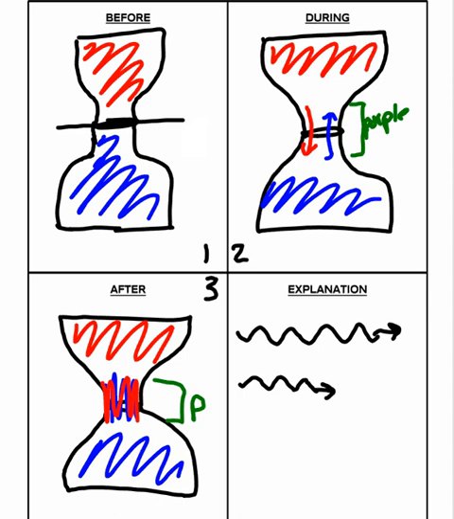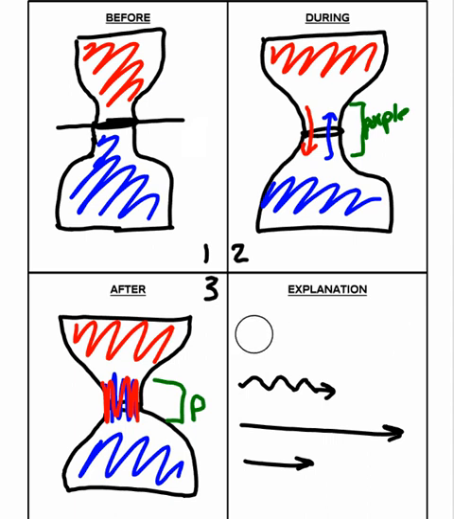Or if I had a big arrow for pressure and then a little arrow for pressure, meaning that the first arrow has a greater pressure than the second arrow. But like I said, those are just examples of how you would use arrows.